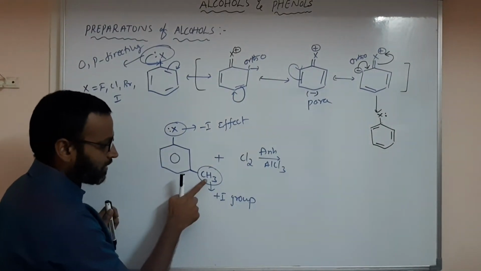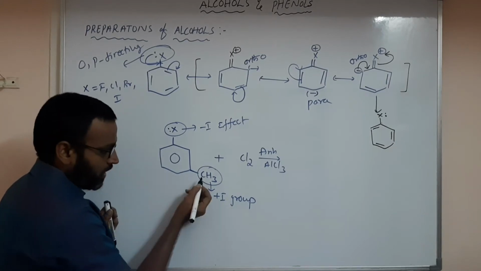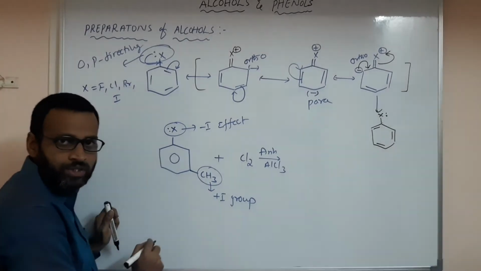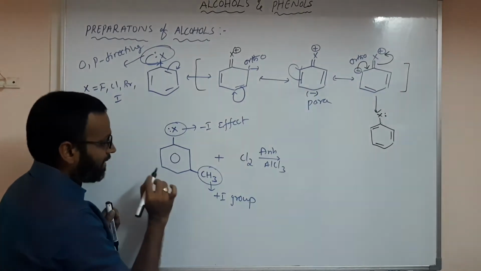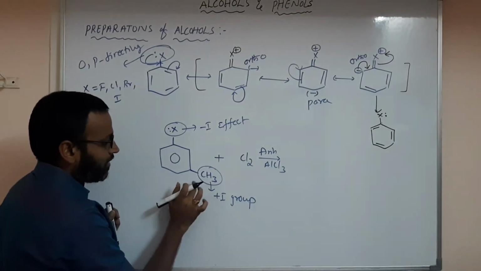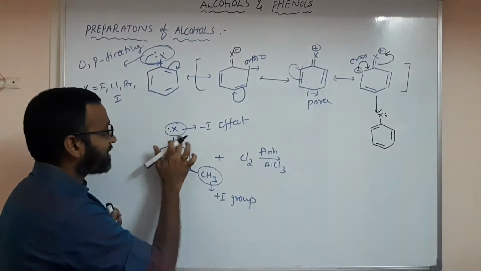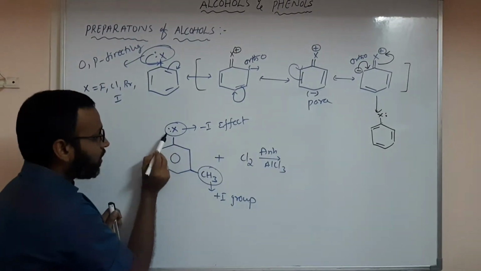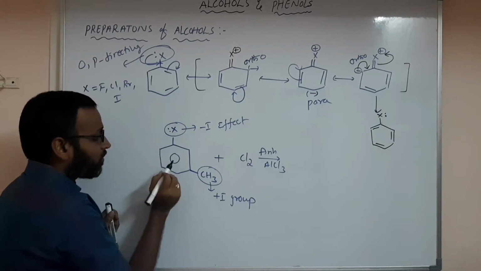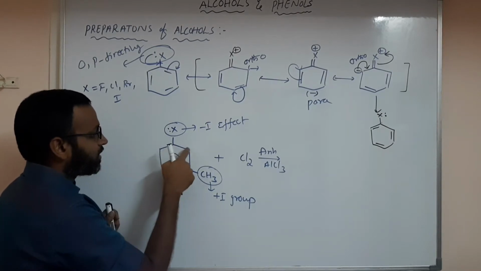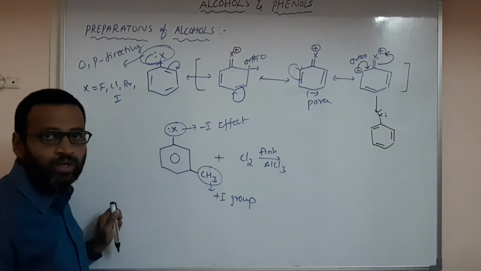Then why, sir, is methyl a plus M group? Due to hyperconjugation. So what happens here? This methyl is more effective for ortho para than this X. Why, sir? This is also ortho para only, but why does that particular substitution not happen?